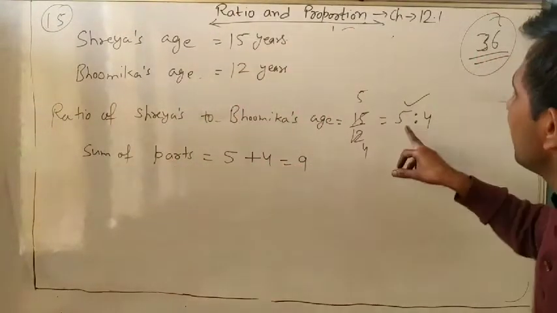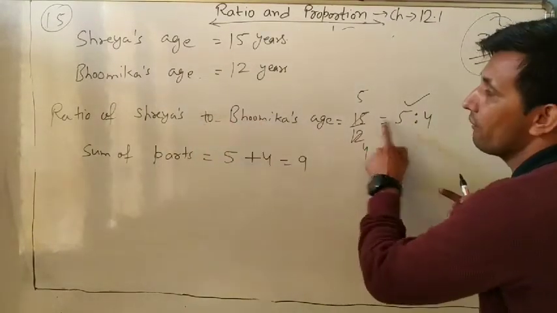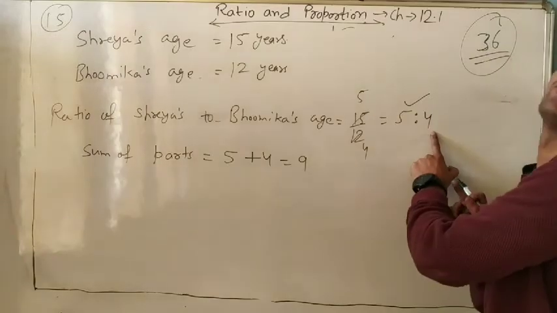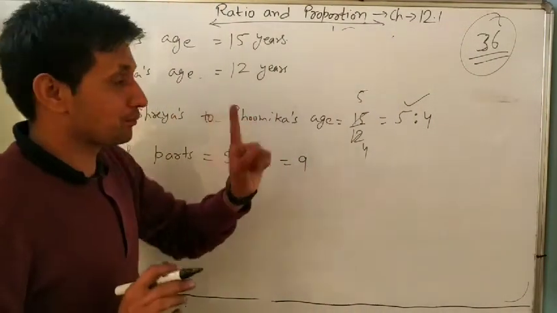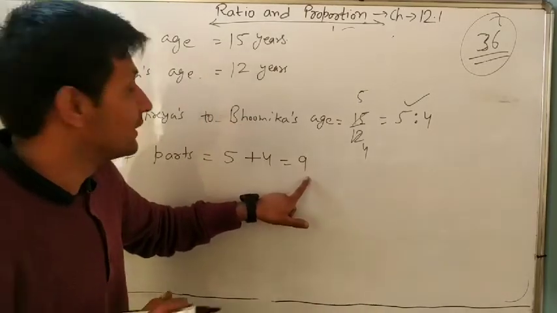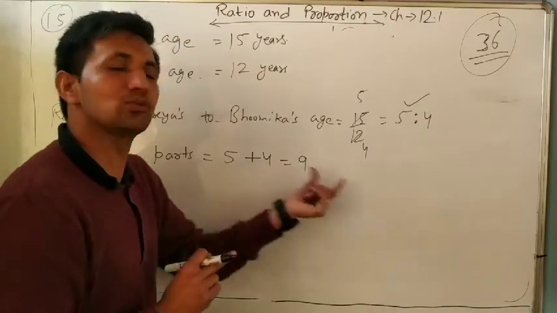It means if the age of Shreya is 5, then the age of Bhumika is 4. Or you can say if both ages together are 9, then Shreya is 5 and Bhumika is 4. So 5 plus 4 is 9.